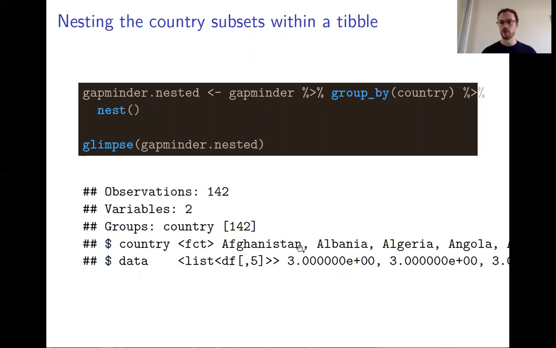So now for each country, it's one observation, and the data column for that country just contains the entire data set if we had filtered it by that country. And you can see how this is useful if you want to estimate the same model for each group separately.